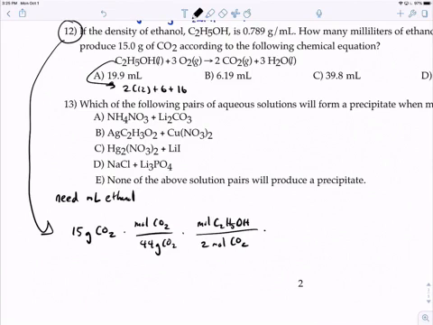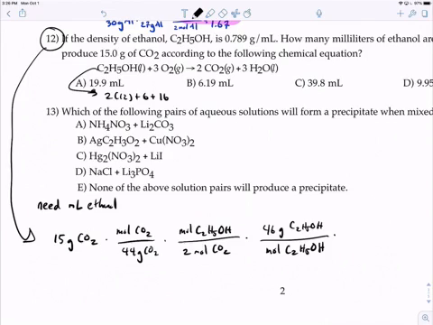So 24, that's 30, 46. So 46 grams C2H5OH per mole C2H5OH.